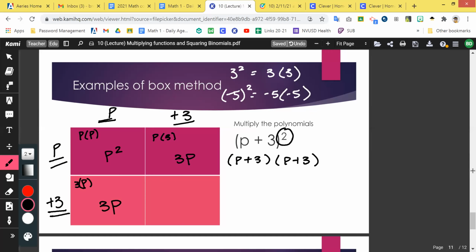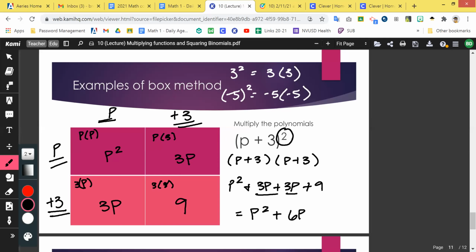And then we have bottom right, 3 times 3, and that gives us 9. Okay, so we write our terms out again. P squared plus 3p plus another 3p plus 9. The 2 in the middle combine together. So our final answer is p squared plus 6p plus 9. And that is our final answer.